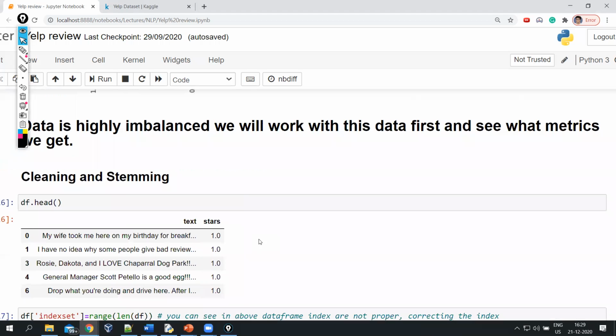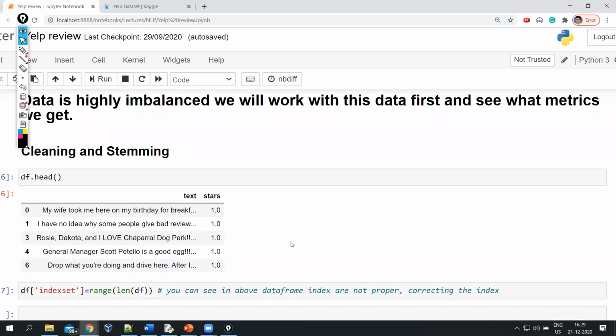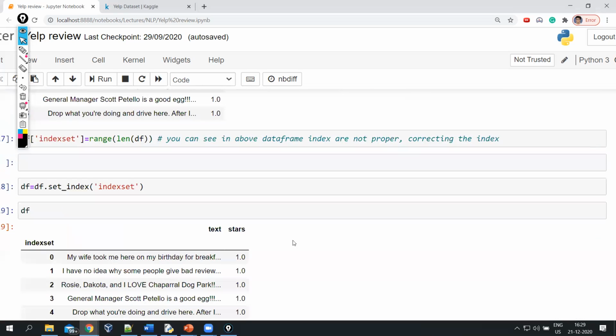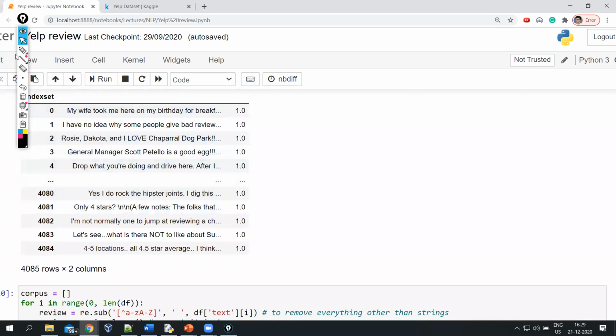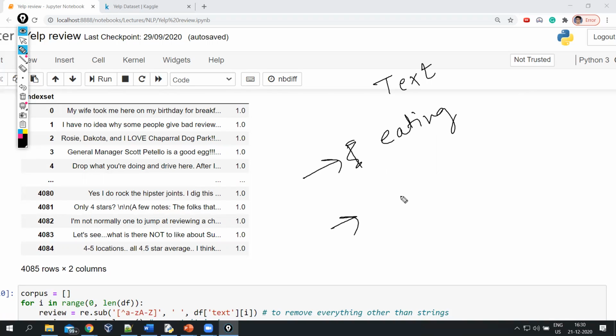Okay, before going to this, I will explain what stemming is. Stemming is also very simple. For example, you are working with text data. In text data you have the word eating. Someone has written a review and written eating there. Some friend of yours has also written a text and it has the word eat.